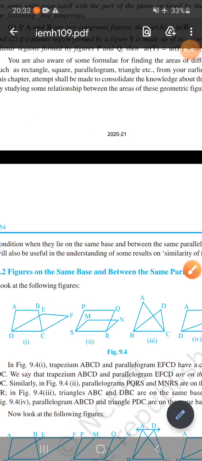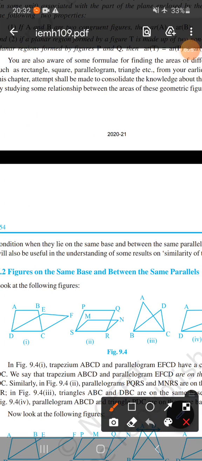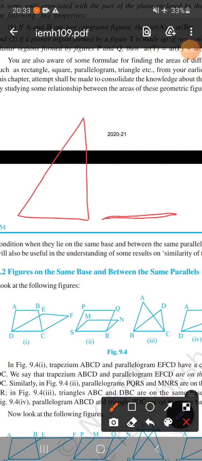Now if I say that we are drawing triangles which do not have the same base, but they are lying in between the same parallel lines, right?